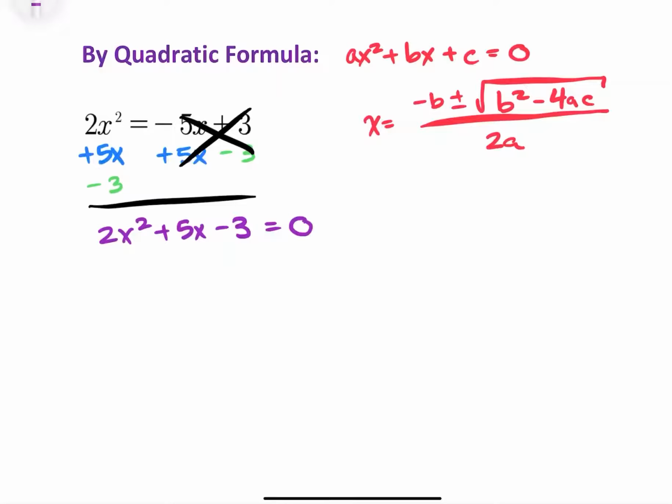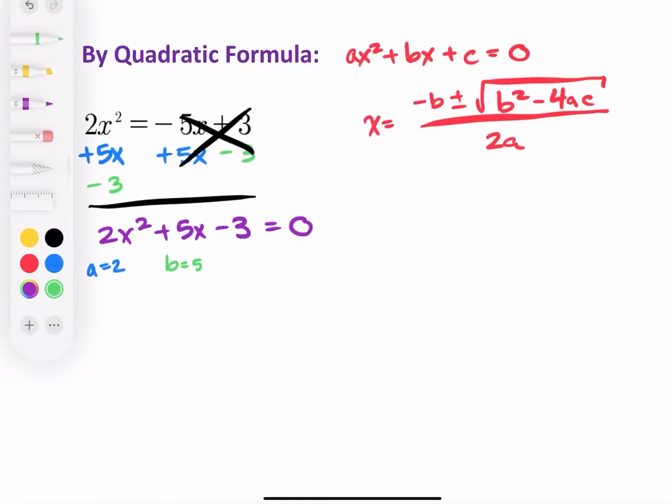Once we have it in this format, we can easily tell what a, b, and c are. In this case, a is equal to 2, b is equal to 5, and c is equal to negative 3.